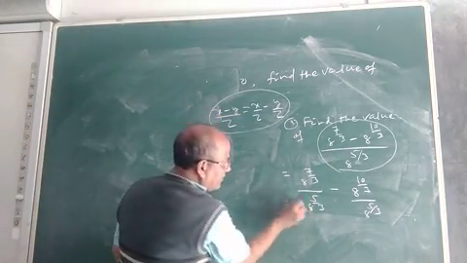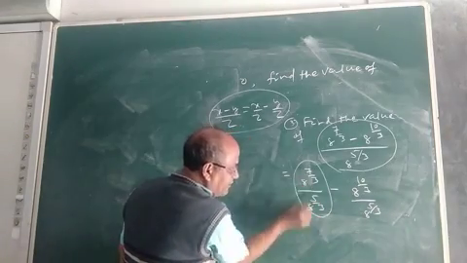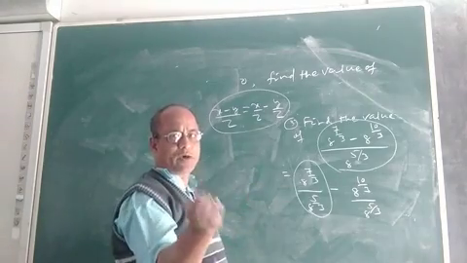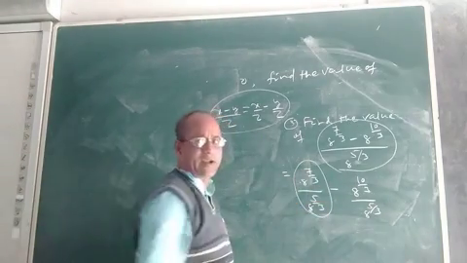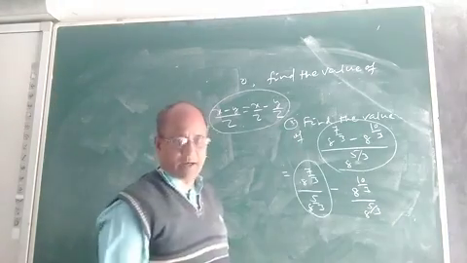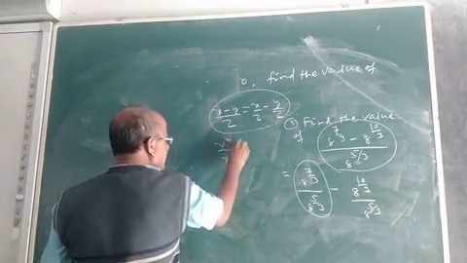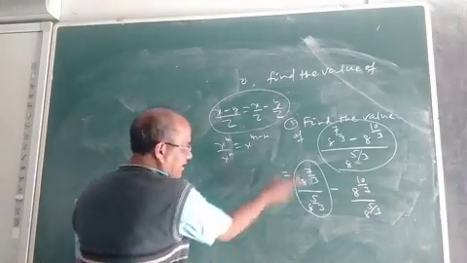Look at this: it is the ratio of two exponential terms having the same base 8. If two exponential terms have the same base and they are divided, their exponents get subtracted. So you know the formula x^m / x^n = x^(m−n). That formula we will apply here.